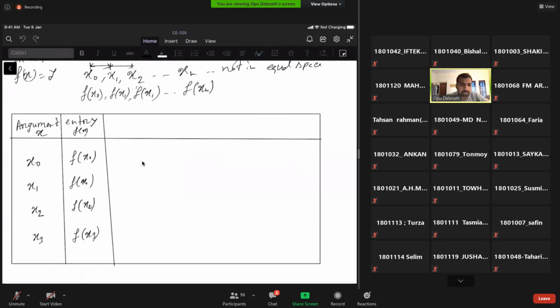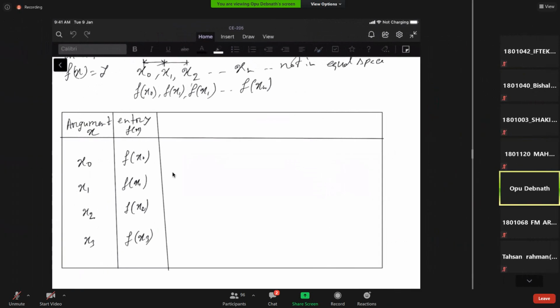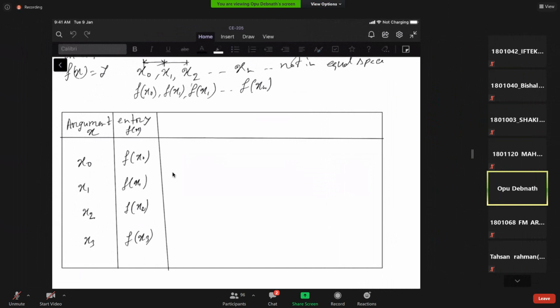So let's restart again. Actually, the internet connection was lost. So we can resume from this point. We have the arguments and the entry values.